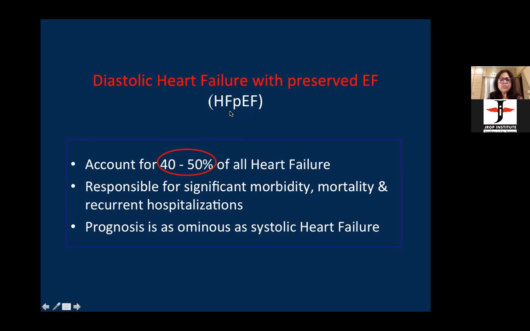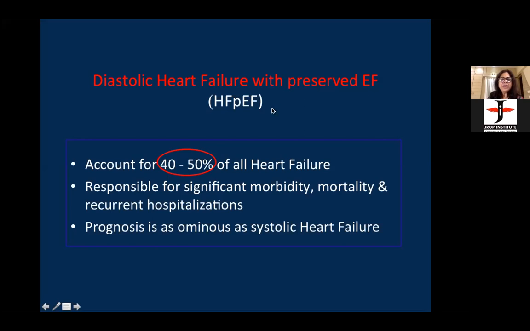And this is responsible for significant mortality, morbidity, and recurrent hospitalization. And the prognosis is as bad as systolic heart failure. So we need to know how to assess the diastolic function in this group of patients.